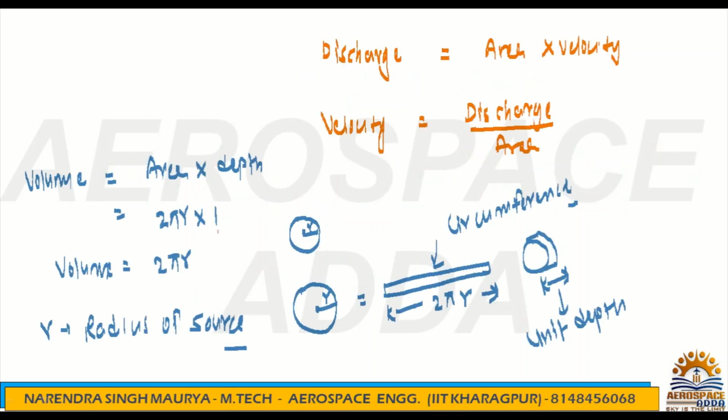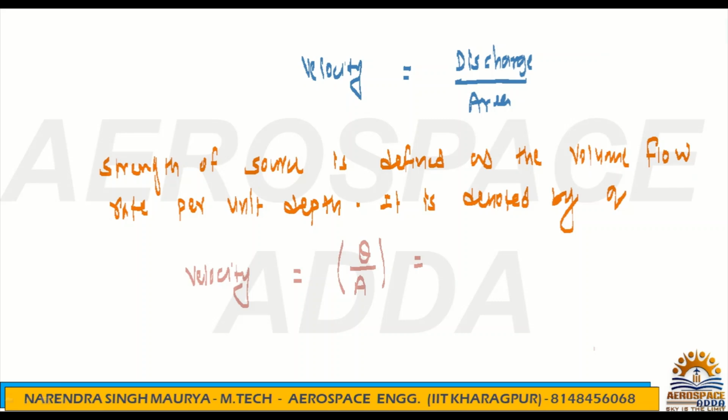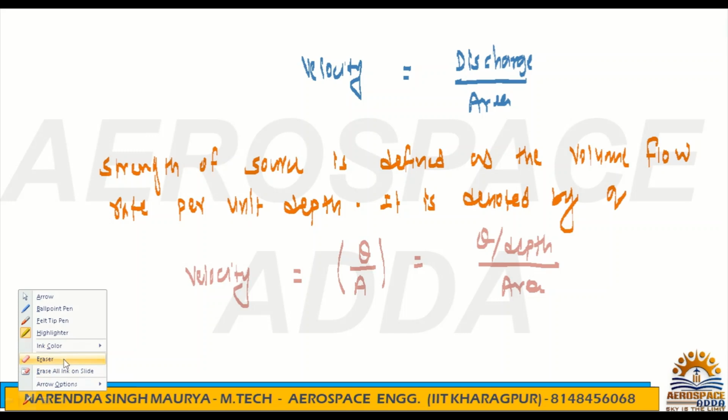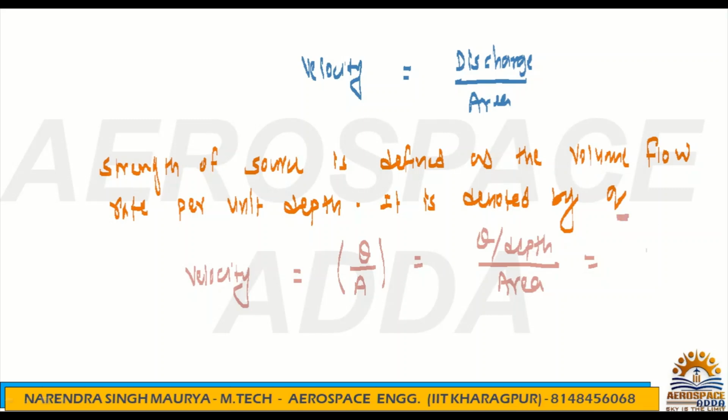What is the depth you have considered? It is unit depth. So you can write discharge divided by depth, which is the volume flow rate per unit depth, denoted by q, divided by area.